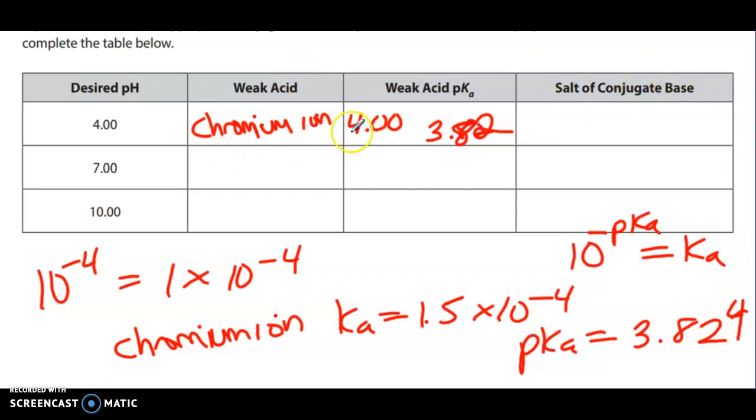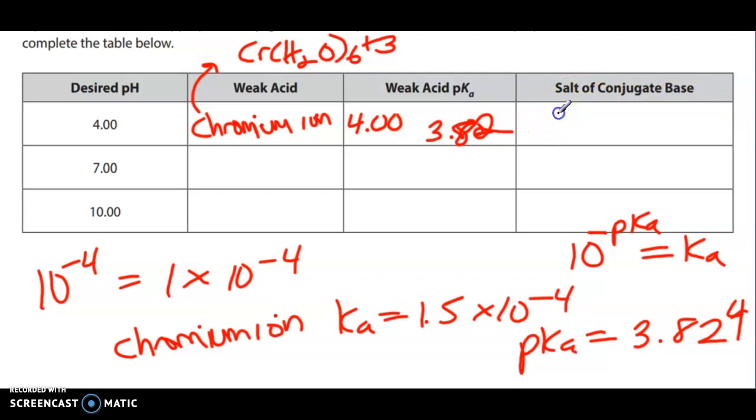Okay, so then the salt of that, the chromium ion, is CrH2O6 positive 3. So I'll do the formula for that here in case you forgot. The formula here for the conjugate base, we want a conjugate base salt of that.